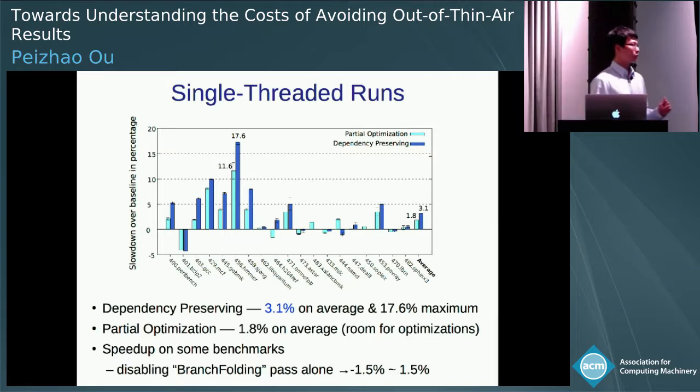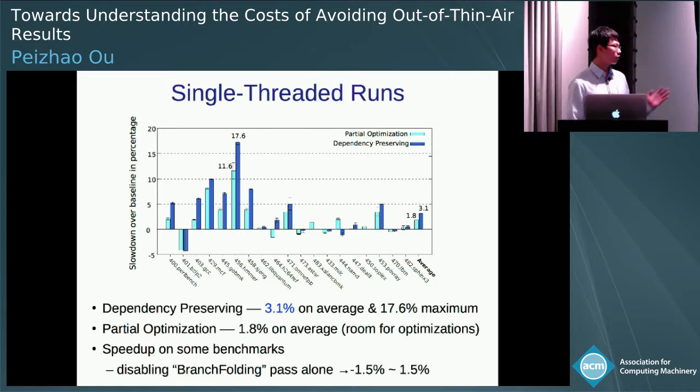For the dependency preserving compiler, we observed an average overhead of 3.1% and a maximum overhead of 17.6%. And for the partial optimization configuration, on average, we observed 1.8% overhead, which means there is still some room for further optimizations for this approach.